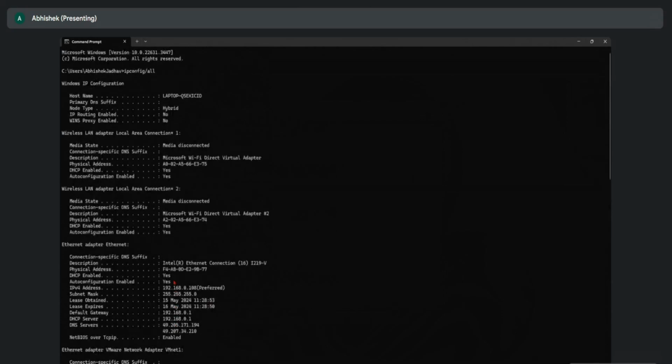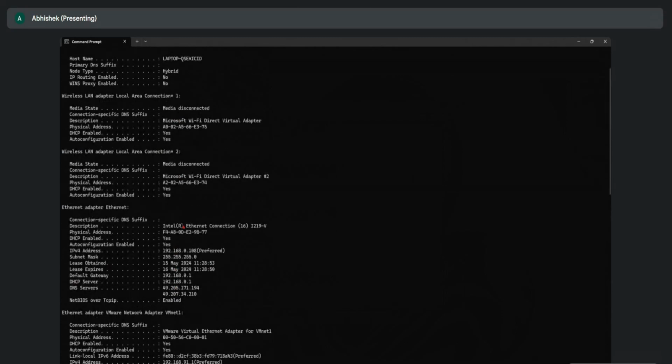Right. Now, if you see here, my Ethernet adapter, when I get connected to my internet service provider, they have provided me, see, DHCP is enabled, yes it is enabled, auto configuration is enabled, yes.